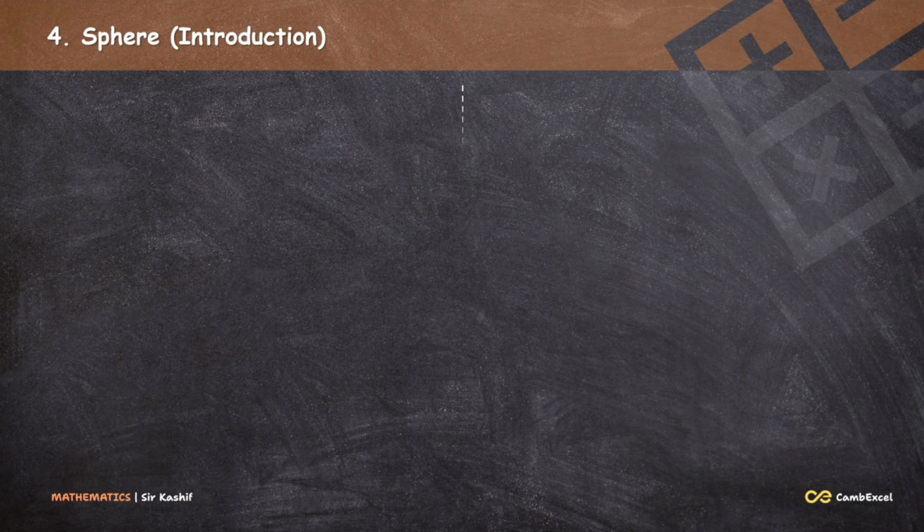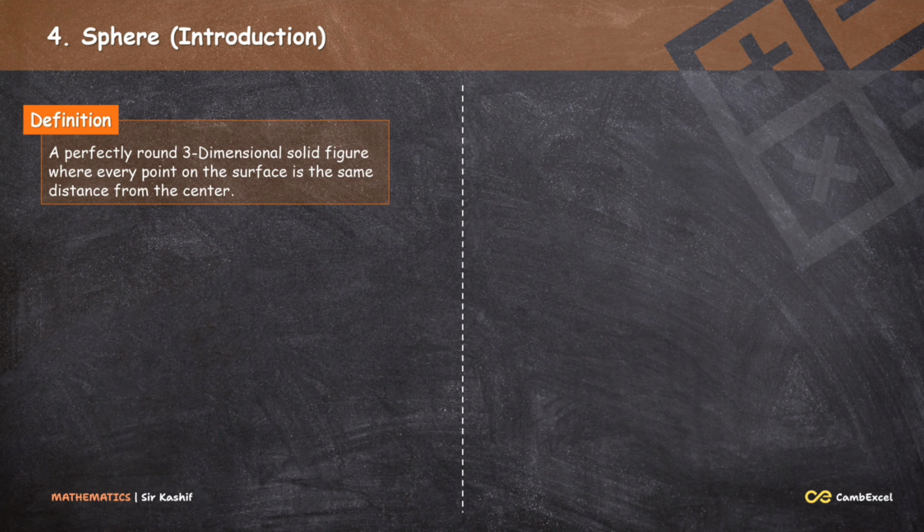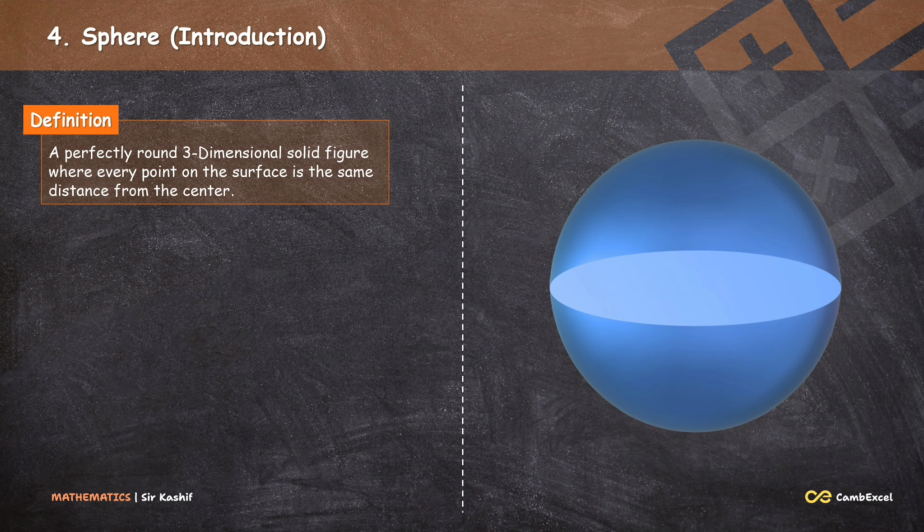Let us come to the definition of a sphere. According to the definition, a sphere is a perfectly round 3D shape where every point on the surface is the same distance from the center. The key components of a sphere are as follows.